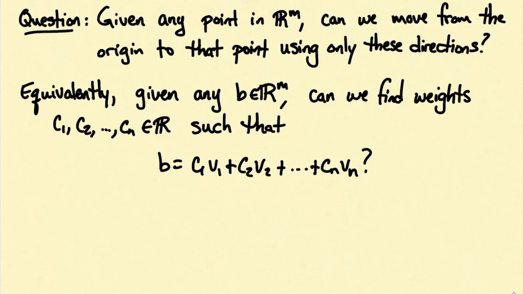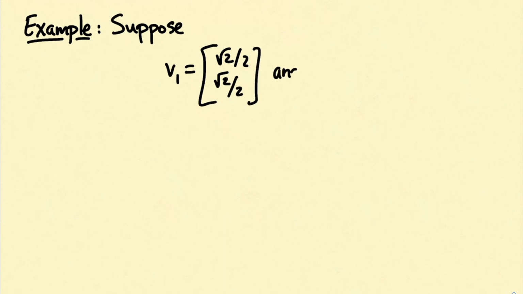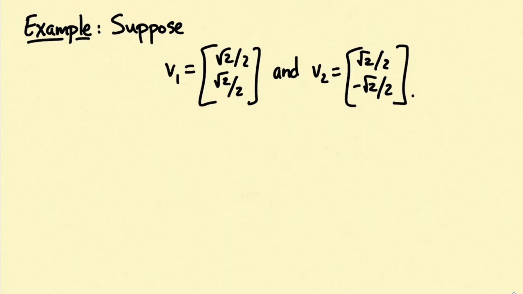While this question may seem daunting at first, we can see that it is a tractable problem by looking at an example in R2. Suppose we choose the two vectors v1, which is root 2 over 2, root 2 over 2, and v2, which is root 2 over 2, negative root 2 over 2.